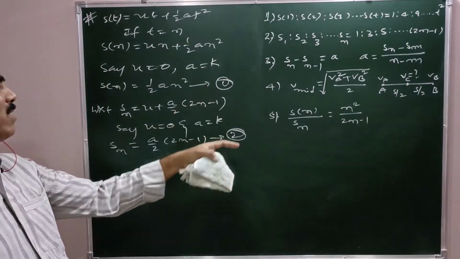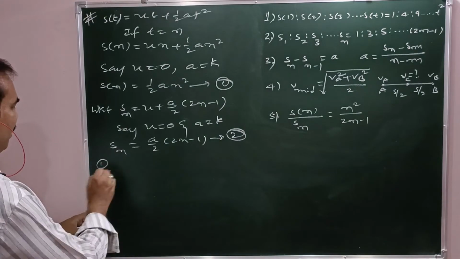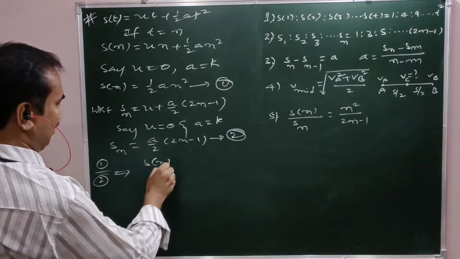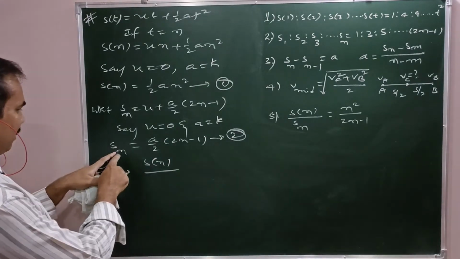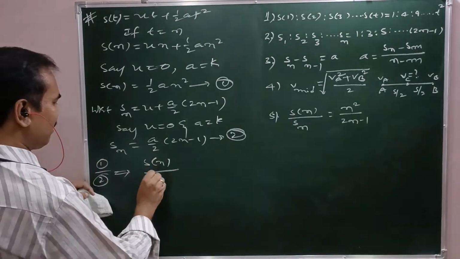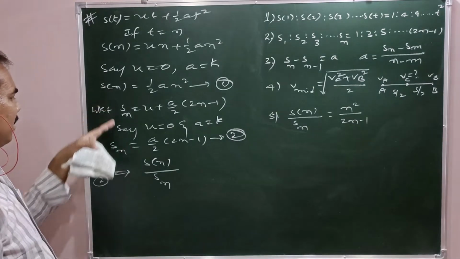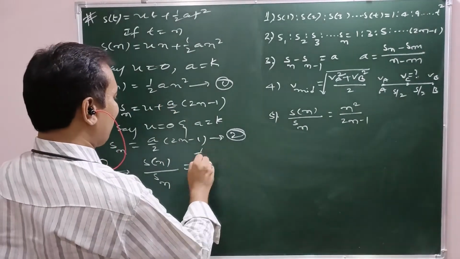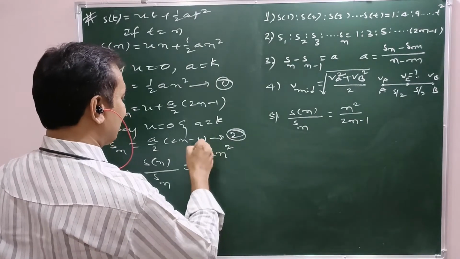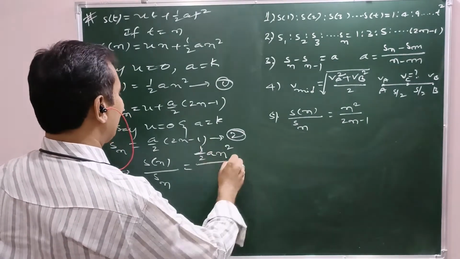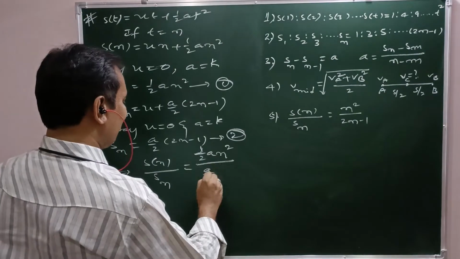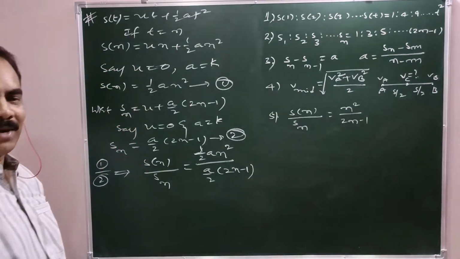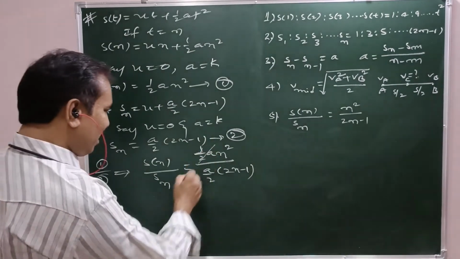Now 1 divided by 2: S of n divided by s suffix n is equal to half a n square divided by a by 2 into 2n minus 1. So a by 2 cancel.